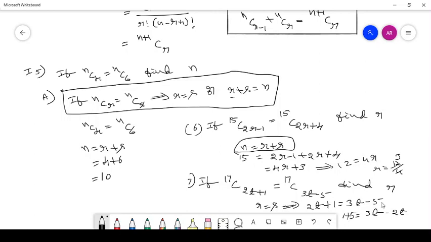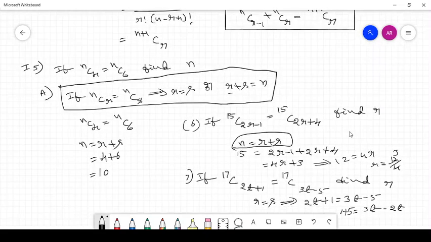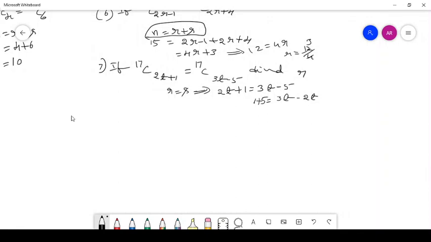Okay, next problem. In the same process, one more problem you have to do. If 12C(r plus 1) is equal to 12C(3r minus 5), find r. The next, 9th question.